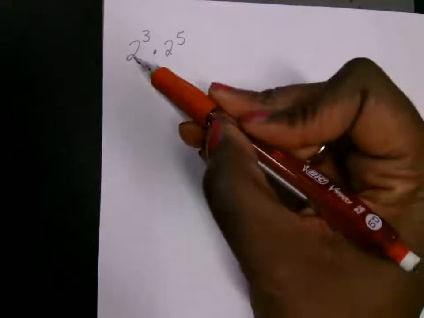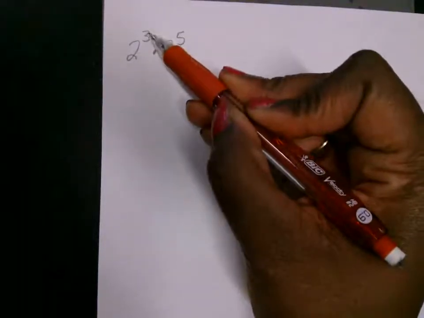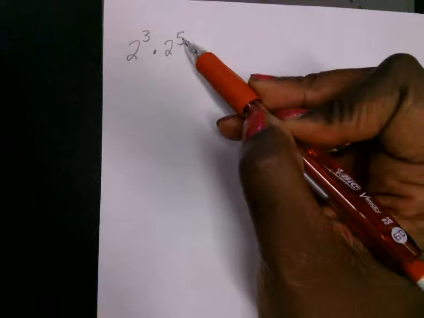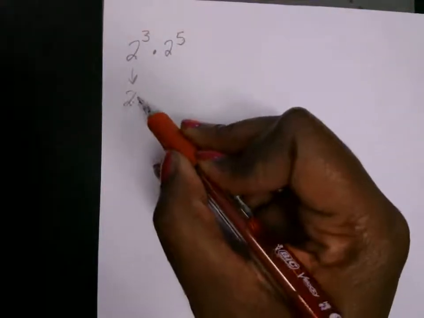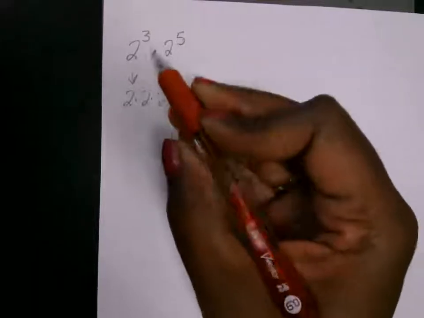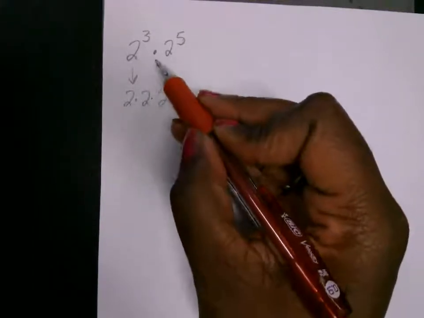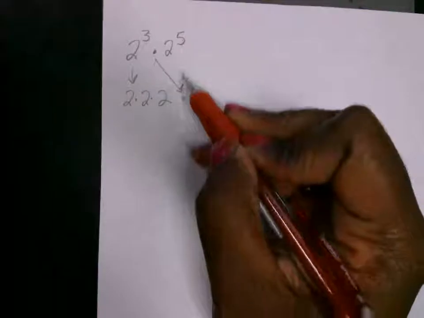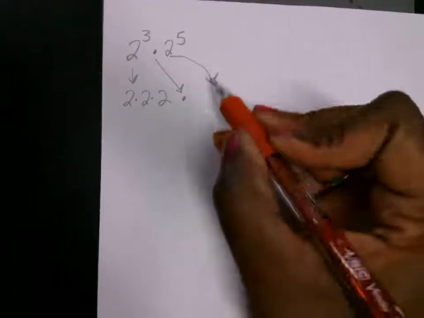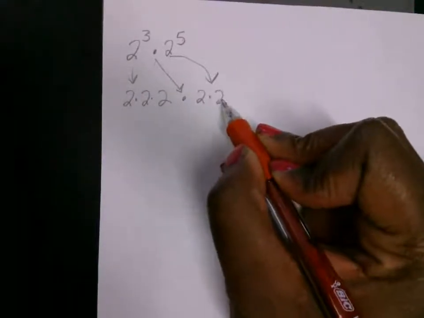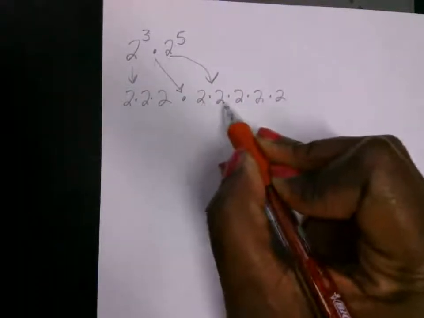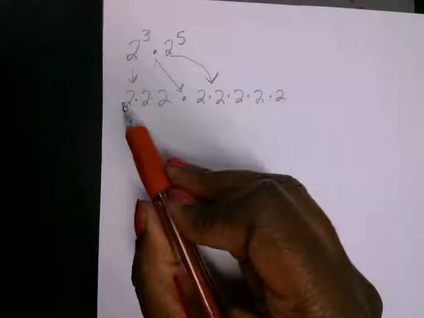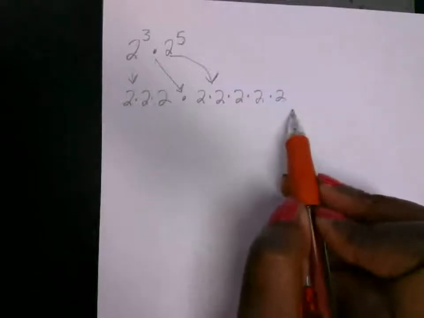All right, if I have 2 to the 3rd power times 2 to the 5th power, this is saying, Abby, to multiply 2 times itself 3 times and then 2 times itself 5 times. So I write this as such, 2 times 2 times 2. That's this right here. Bring down the times. Then I write this as 2 times 2 times 2 times 2 times 2. 1, 2, 3, 4, 5. 3 times here, 5 times here.